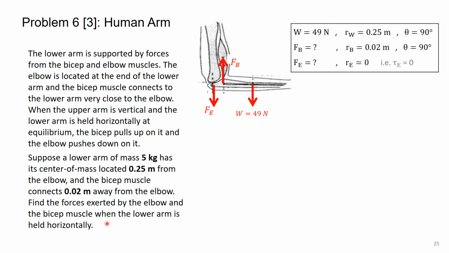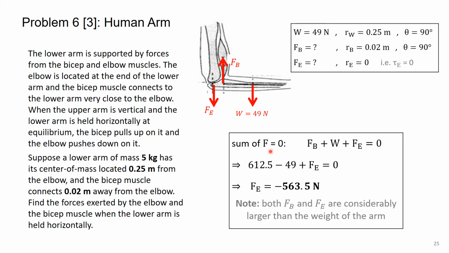Now for the next part, let's solve for FE, the force of the elbow. We know the force of the bicep and the weight. So we know two forces, and the third one must balance the other two. So we use the equation for force equilibrium, that the sum of forces must be 0. We have three forces, FB plus W plus FE, and set them equal to 0.